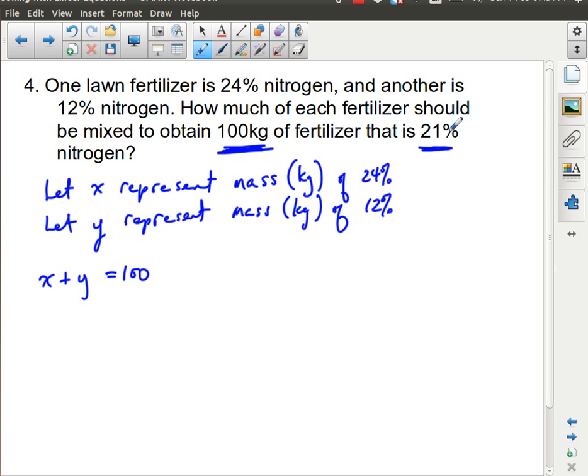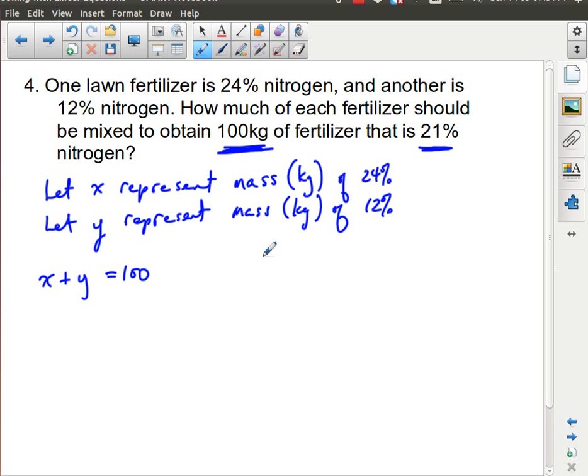Now let's look at the amounts of nitrogen that are in there. Well, if I have 24% fertilizer, that's X. I have X kilograms of that. Then for every kilogram of this type of fertilizer, I'm going to contribute 24% nitrogen. For every kilogram of the 12%, I'm going to contribute 12% nitrogen.